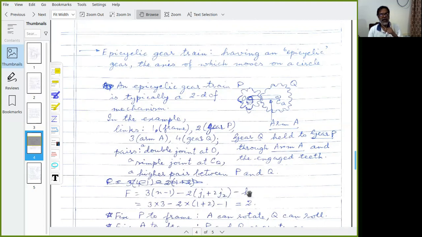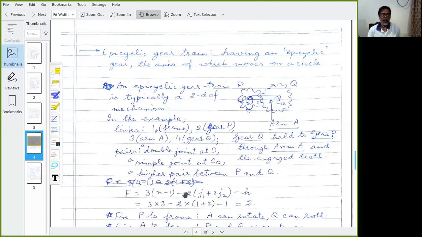I will remind you how we get this formula, minus 8: for every higher pair, you can replace that higher pair with one extra link in between and two simple pairs at the two ends.